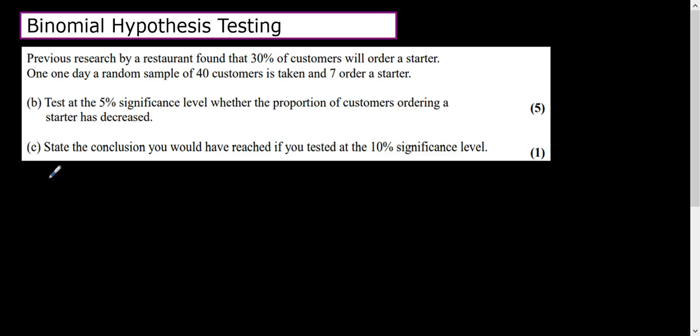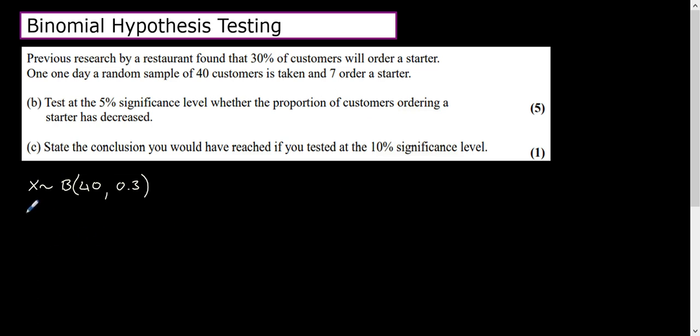Okay, so let's start off the question as we always should do. We're going to use a binomial distribution, and that's because we have a sample size, a number of trials, and we have a probability of success, which is the probability that was established in the question. So here we have 40 and 0.3, which is our 30%.